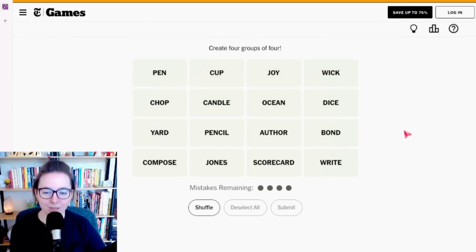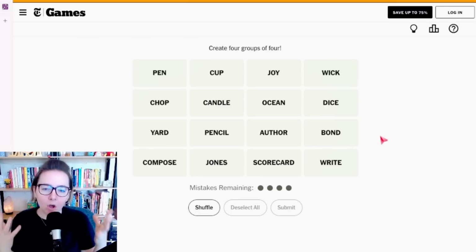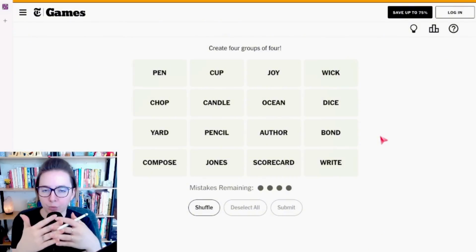So here are our 16 words: pen, cup, joy, wick, chop, candle, ocean, dice, yard, pencil, author, bond, compose, Jones, scorecard, and write. So the way to think about Connections is it's all about the associations between words.